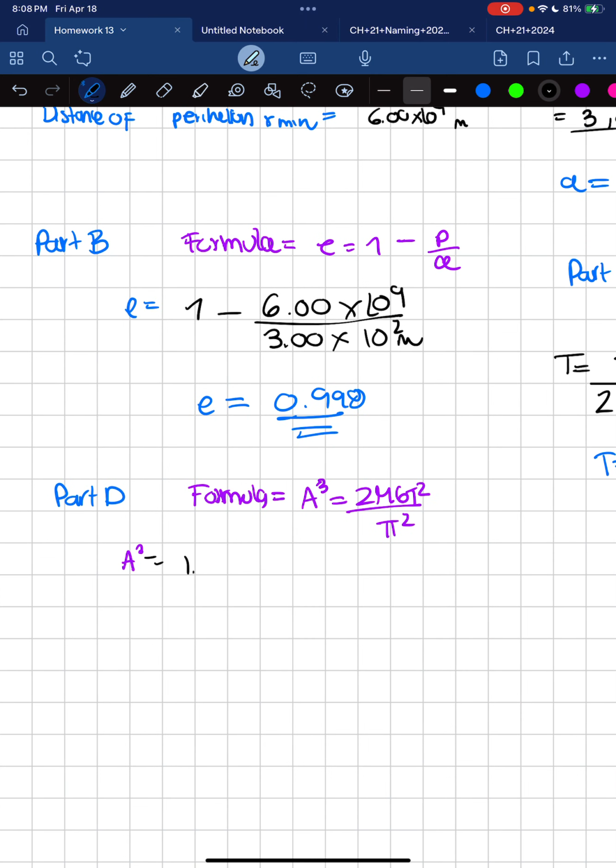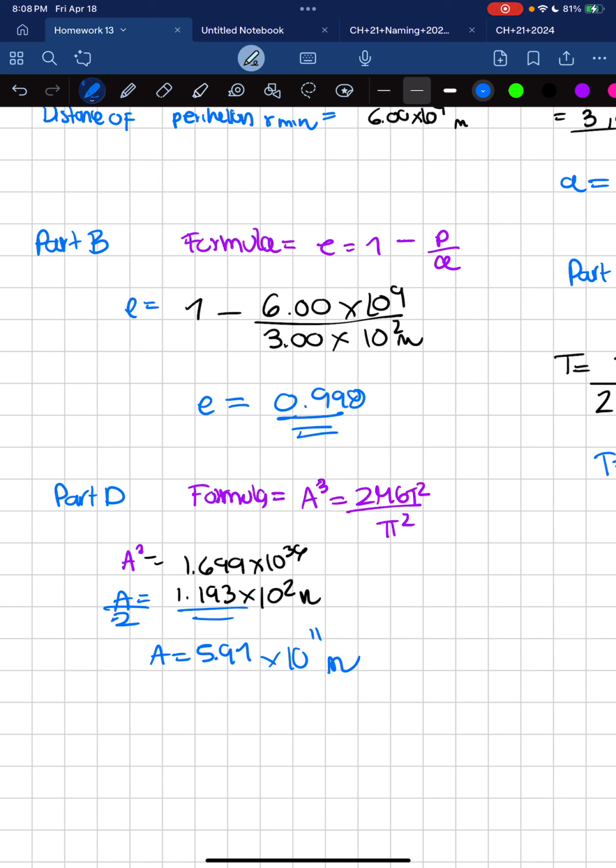This is gonna be 1.699, then 33.6, and then 1.193 to 10 meters, and then we're gonna divide this by 2, and this gives us 5.91 times 10 meters. So this is going to be the semi-major axis for this question.